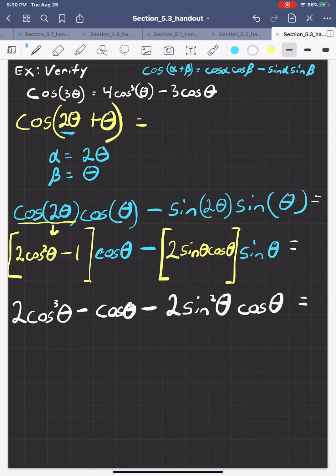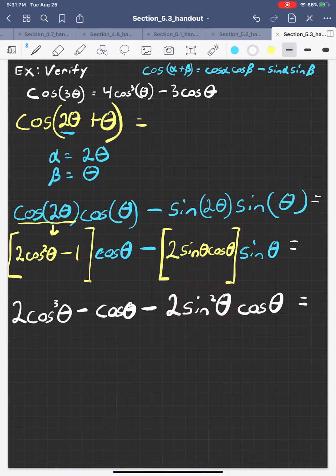All right. So it still doesn't look like the right side of the equation, but what else can we do? Well, this is a long problem, so let me get you to it. We got one more step here. Do you remember that sine squared theta is just one of those Pythagorean identities?